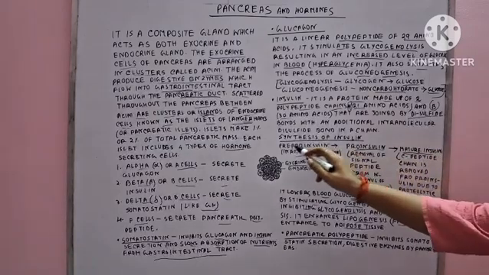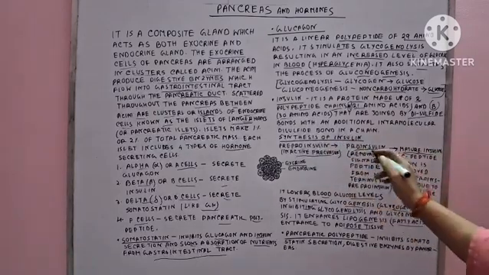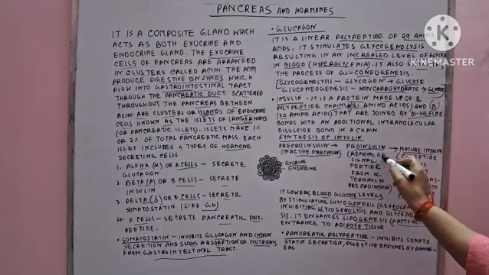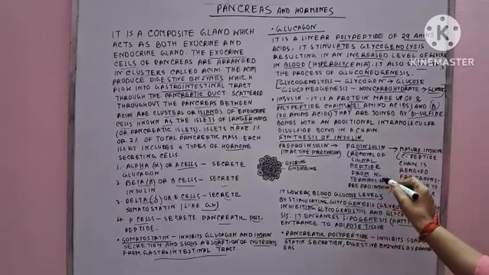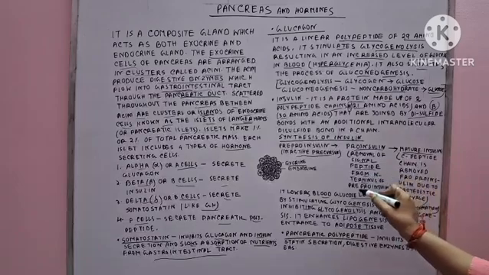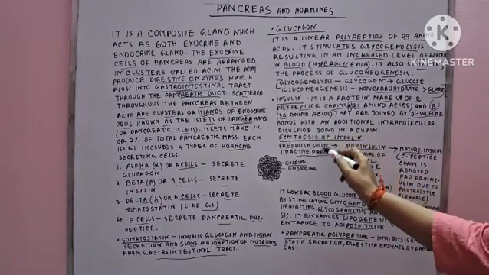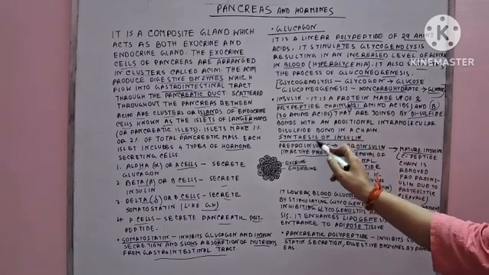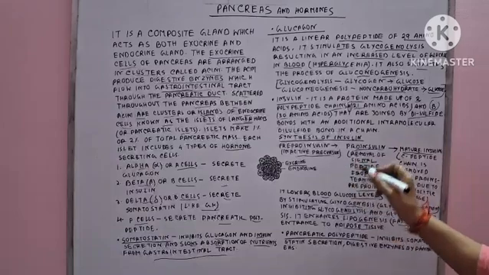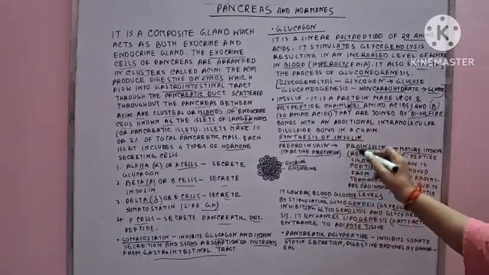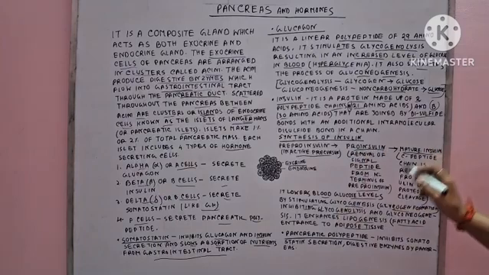And how does this pre-pro-insulin convert into the pro-insulin? By removal of the signal peptide from the N-terminus of pre-pro-insulin. So some peptides are there at the N-terminus position, and they will be removed for the production of the pro-insulin. And when the mature insulin is formed, the C-peptide chain is removed.